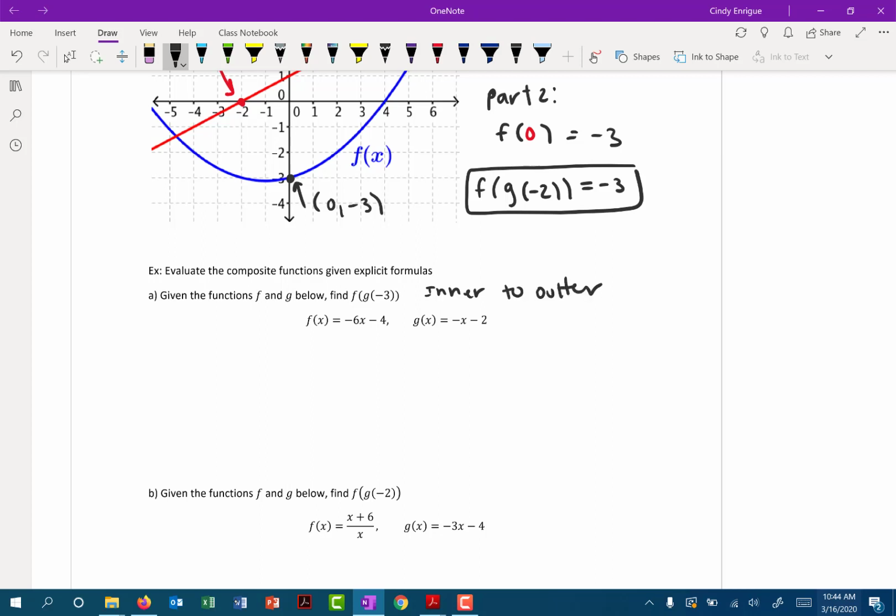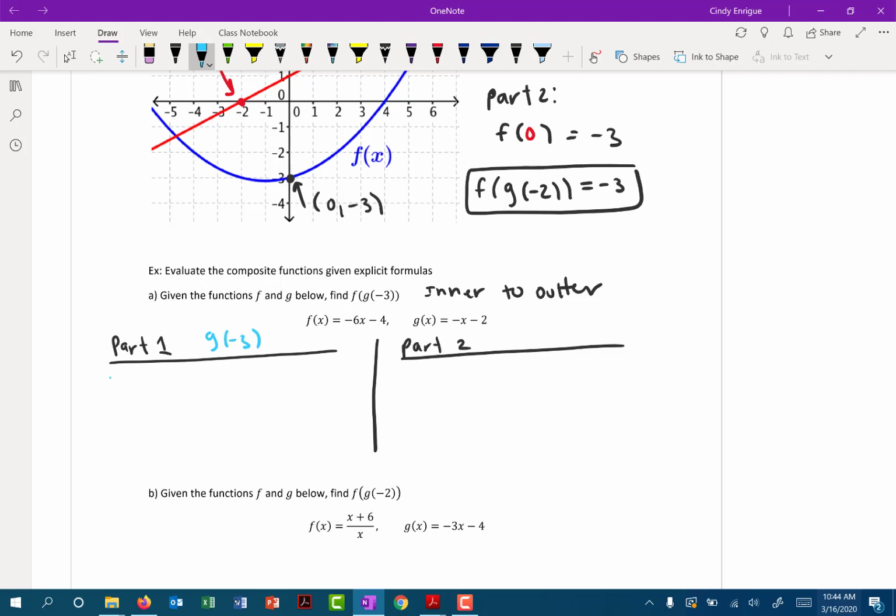So the inside here, we're going to have g of negative 3. So the first part, we're looking at that inside, which is g of negative 3. We need to compute that first.